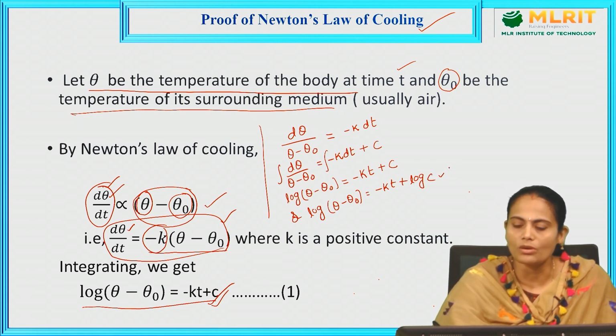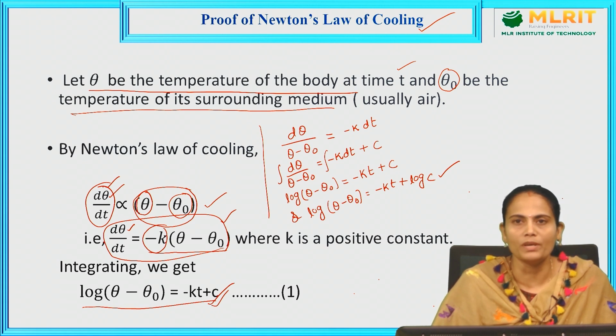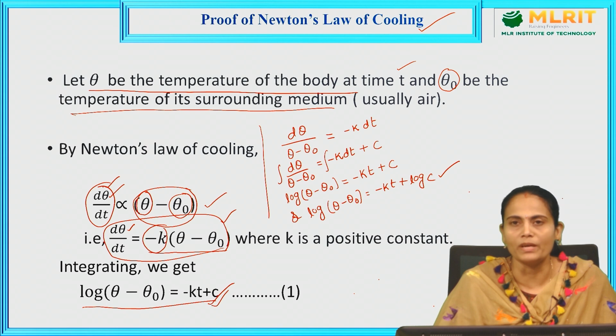So this is also another formula to find the temperature of your body at any time t. Sometimes we are given the time and you have to find the temperature, and sometimes we are given the temperature and we have to find the time.